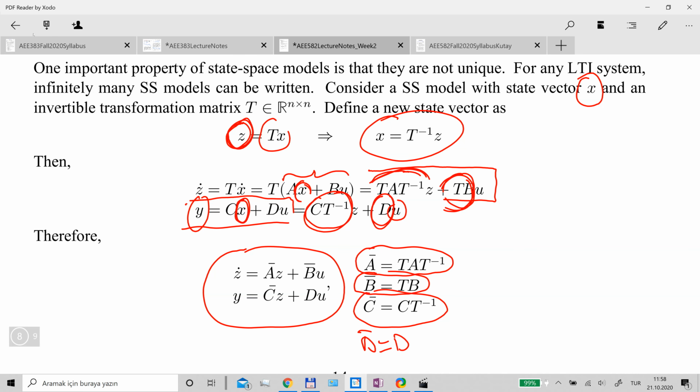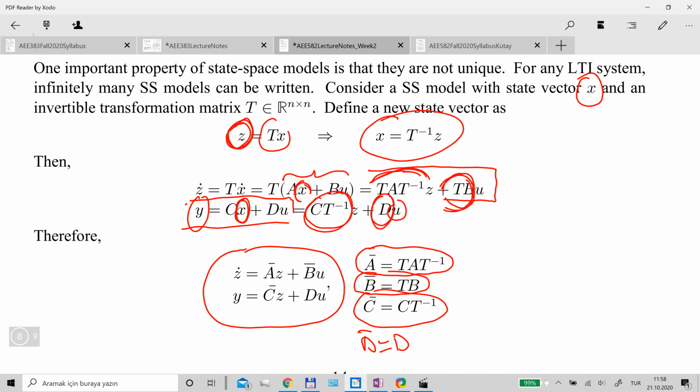Now we have two different state space models with matrices A, B, C, D and matrices A bar, B bar, C bar, and D bar. So do we still represent the same system, or did we obtain a model for a completely different system? Did we change the dynamics of the system?